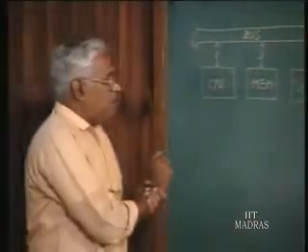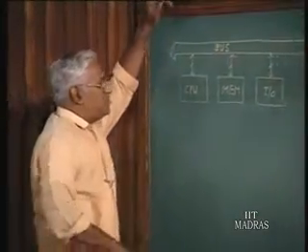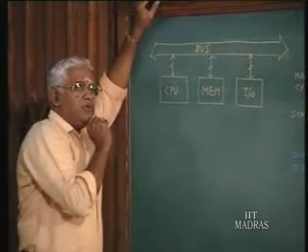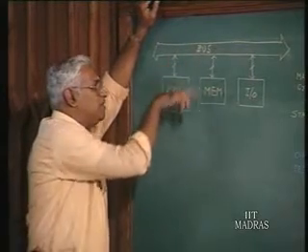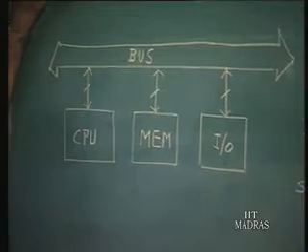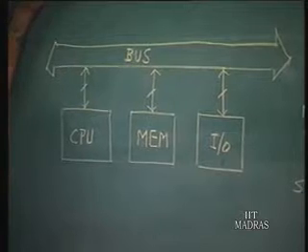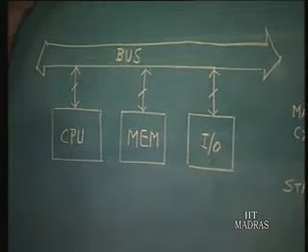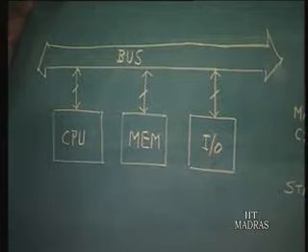Now how did we start? We said the overall computer system consists of the CPU, memory and I/O, and that interconnecting these we have a set of signal lines forming the bus.